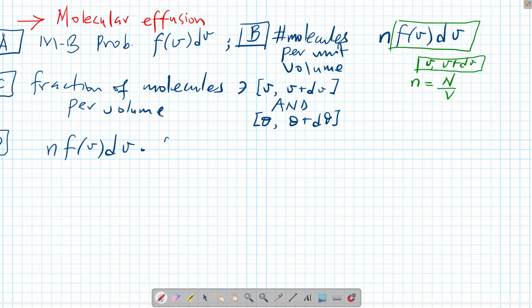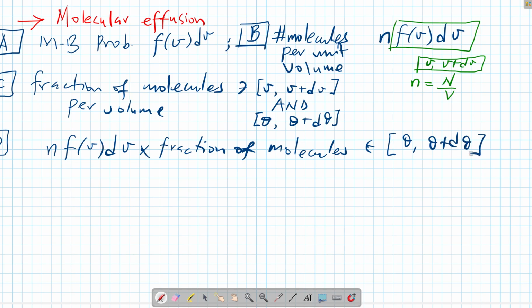the fraction of molecules moving with directions in this interval of theta to theta plus d theta, right?